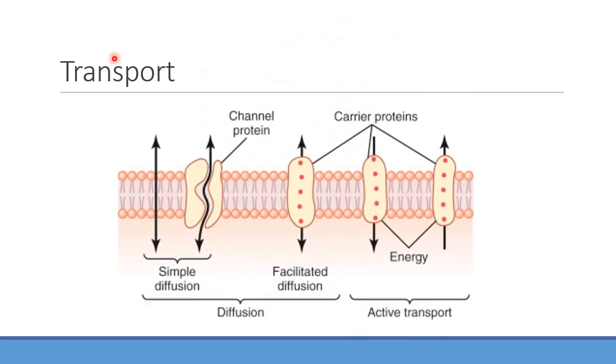All right, so remember, as far as transport goes, typically it can either happen via simple diffusion, right, just going through the lipid bilayer without any issues here. It could be going through a channel protein, which opens and just allows it to come along, or it could be facilitated diffusion. I mentioned glucose being a good example of that. And then the other ones we'll talk about being energy dependent, requiring ATP, are going to be these active transports. And remember, what was the important thing about active transports?